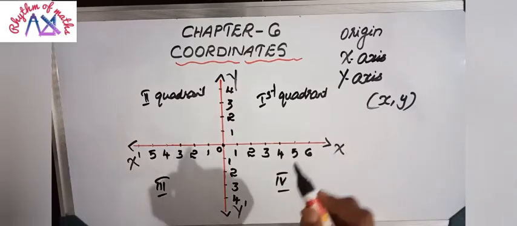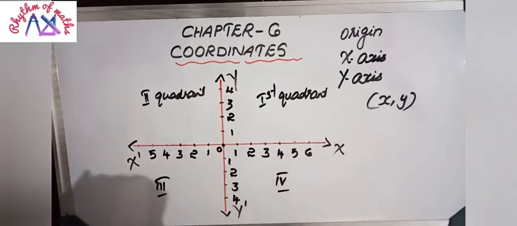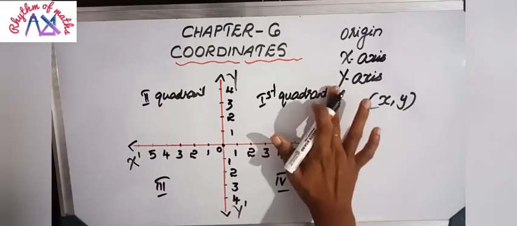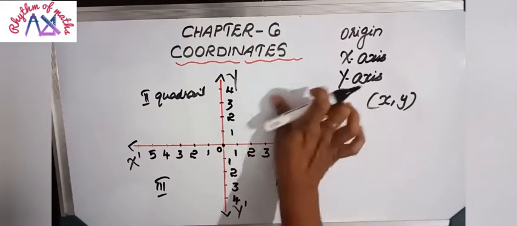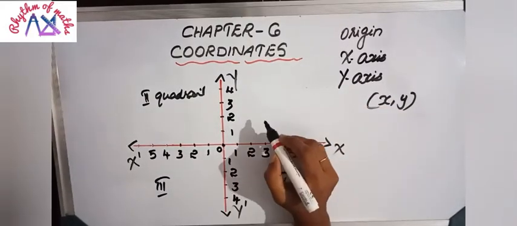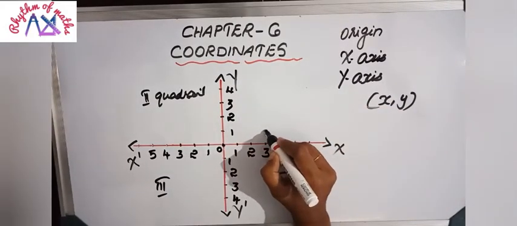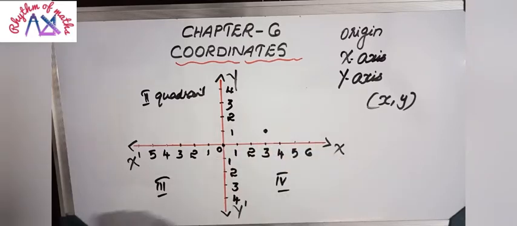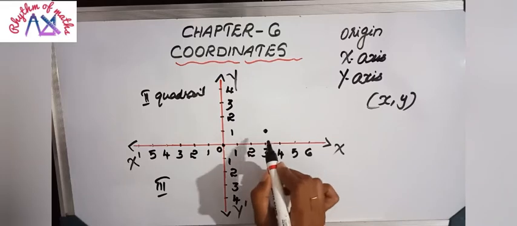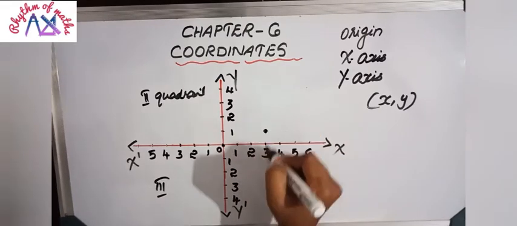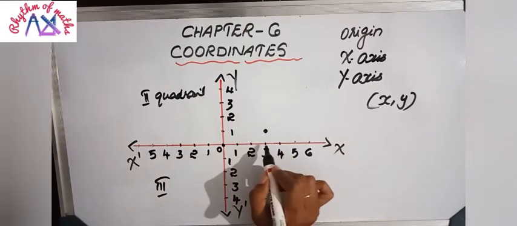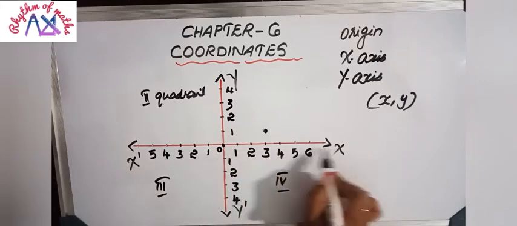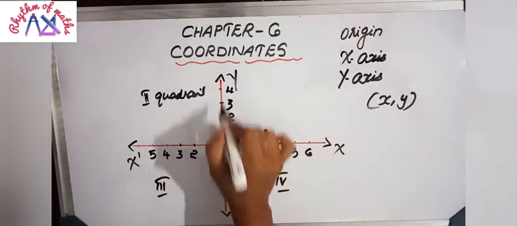Now I will show how to mark a point. First quadrant, second quadrant, third, fourth, keep it aside. Here let's mark how to plot a point. For example, suppose we have a point here, we have to locate this point. In order to locate that, we have to check what the x-axis number is, then what the y-axis number is.